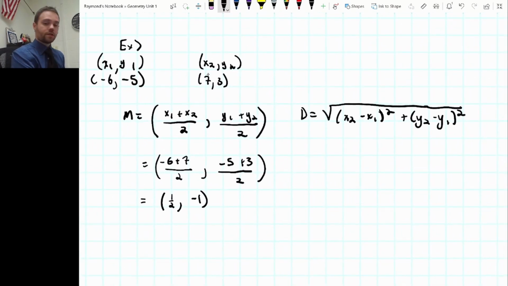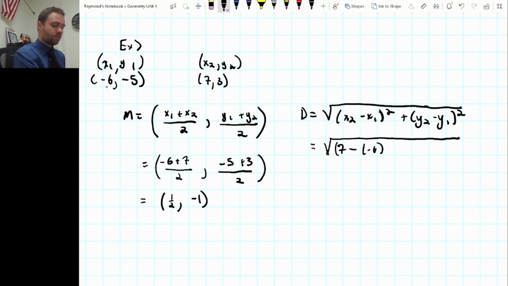So x2 is 7. I'm going to start to plug some of this in. I've got the square root of 7 minus negative 6 for x1, squared, plus y2, which is 3, minus y1, which is negative 5, squared.